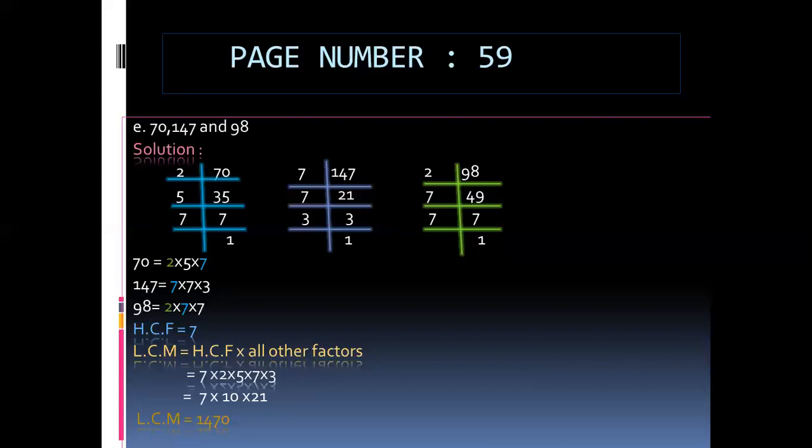Then 3 is uncommon in 147, and 7 is common in 147 and 98, so we write 7 only one time. After the product, we see that the LCM is 1470. Now the HCF of these numbers is 7 and the LCM is 1470.